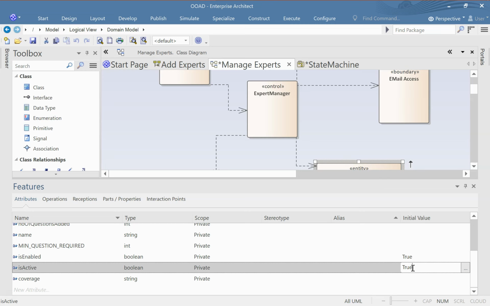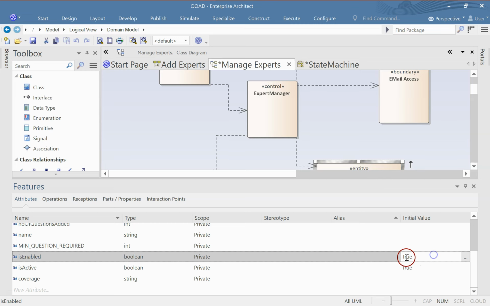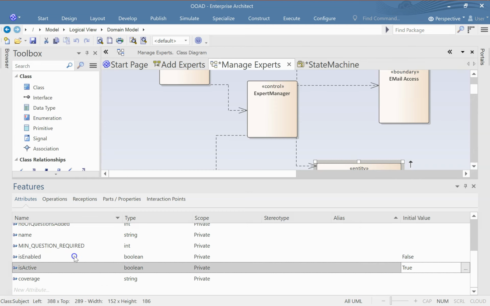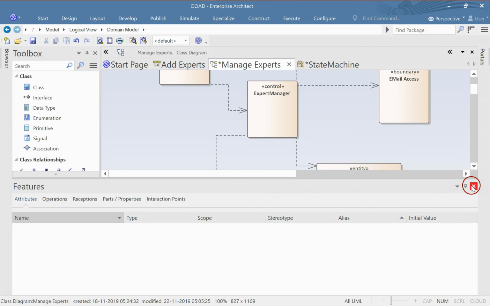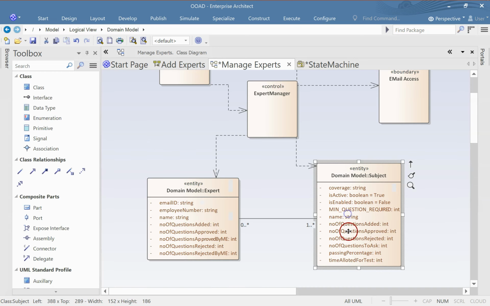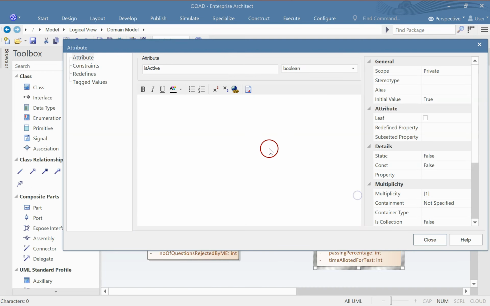Is active is true and is enabled is false. It's not enabled for testing but is active. Okay, and not only that, we also need to provide proper documentation, some explanation, so that it is very clear what each of these means.